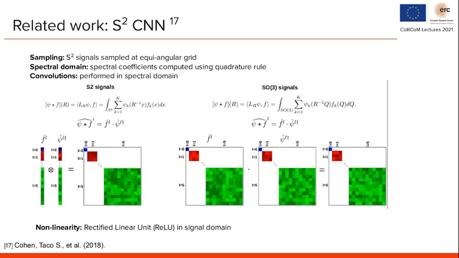Apart from the first convolutional layer, all the following take as input SO3 feature maps and perform convolutions with SO3 kernels, again in the spectral domain, by simple product between corresponding spectral coefficients, as illustrated in the figure on the right. To apply the rectified linear unit nonlinearity, signals are transformed from the SO3 spectral to the signal domain, where the nonlinearity is applied in accordance with planar CNNs.